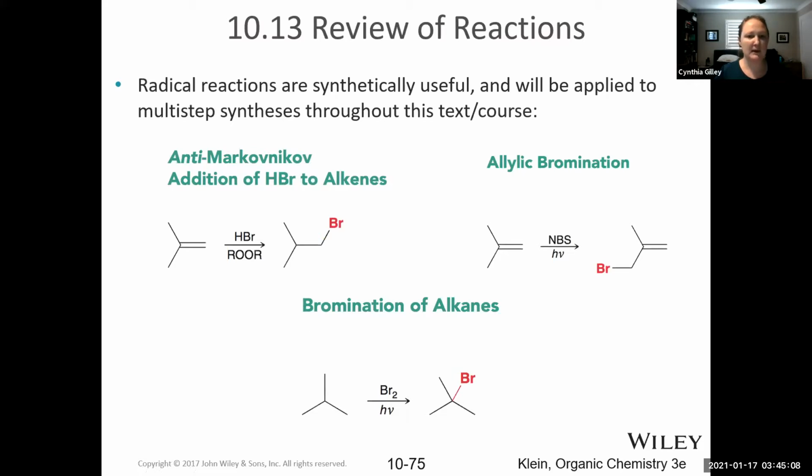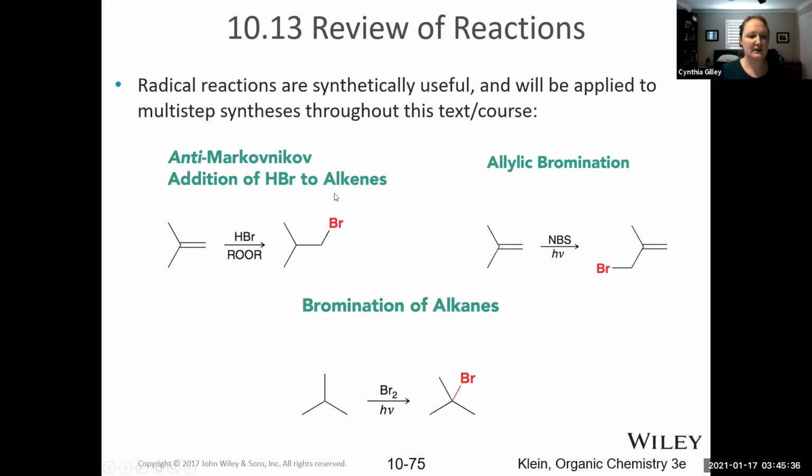So the 3 reactions that we learned from this chapter are the bromination of alkanes, and bromine and light will allow us to form bromine radicals, which will allow us to halogenate or brominate the most substituted position. This is a very important reaction. In addition, you can do the anti-Markovnikov addition of HBr to alkenes.